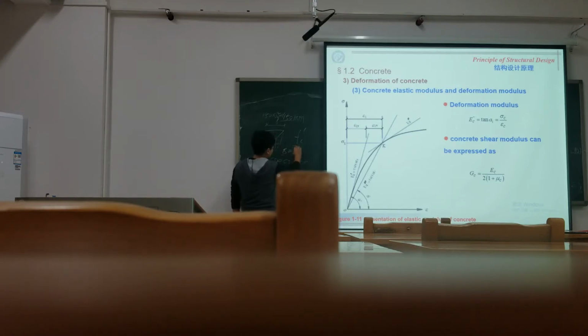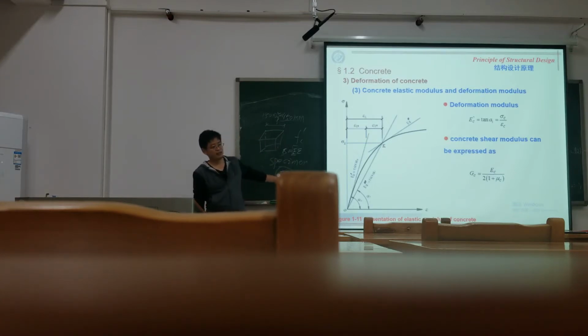Modulus actually, if you have a high modulus, that means if you want to get very small deformation, then you need a very large load or force. I think we have finished the material mechanics.